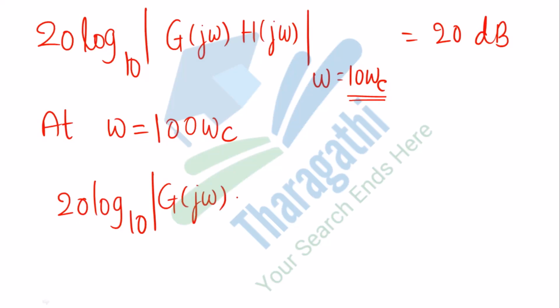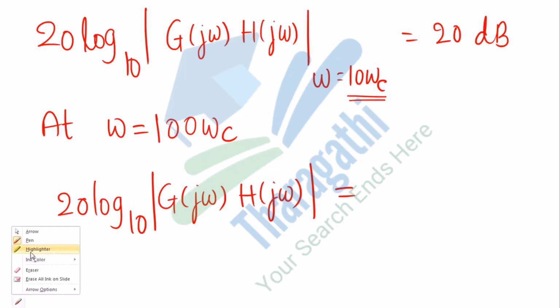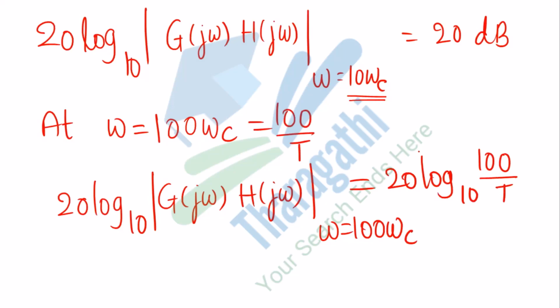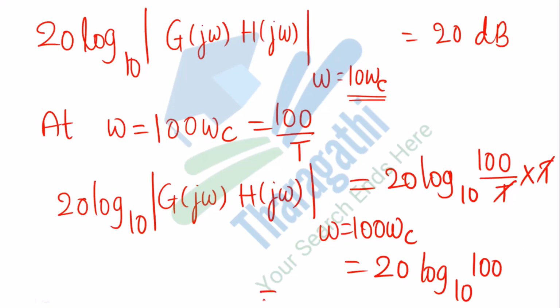So at omega equal to 100 omega c, 20 log 10 G(j omega) H(j omega) is equal to 20 log 10 of 100 by t into t. T gets cancelled, which is equal to 20 log 100 to the base 10. Log 100 to the base 10 is equal to 2. So this value is equal to 40 dB.